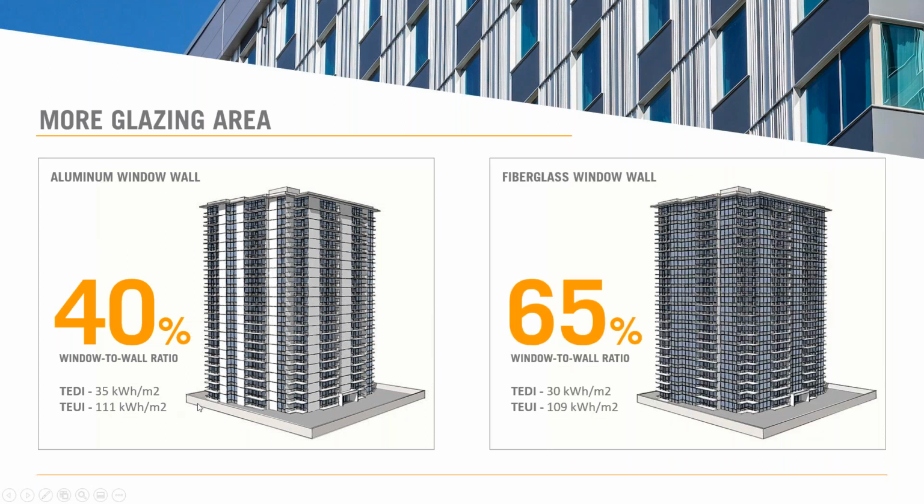So just by switching to a fiberglass window wall system instead of aluminum, you can increase the glazing ratio dramatically and still reduce your energy consumption. So just a visual representation of that.